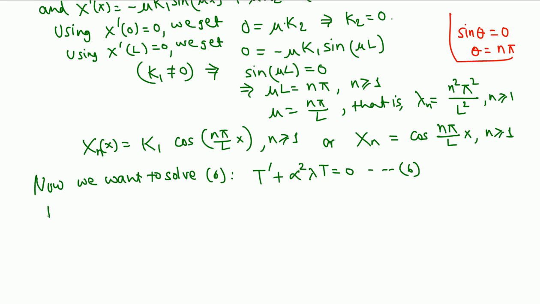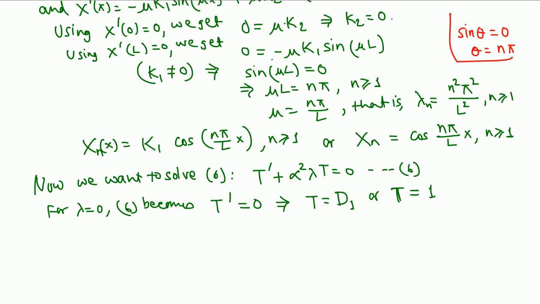Okay, so for lambda equals 0, equation 6 becomes t prime equals 0. That implies t is constant, because when we integrate both sides with respect to t, we get t is constant. Okay, any constant, let's say d1, just d, and we can simply take 1 for the constant, or simply t equals 1.